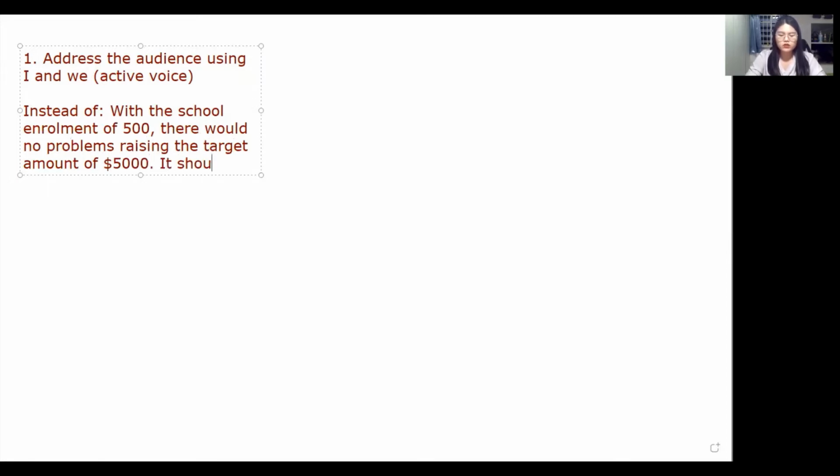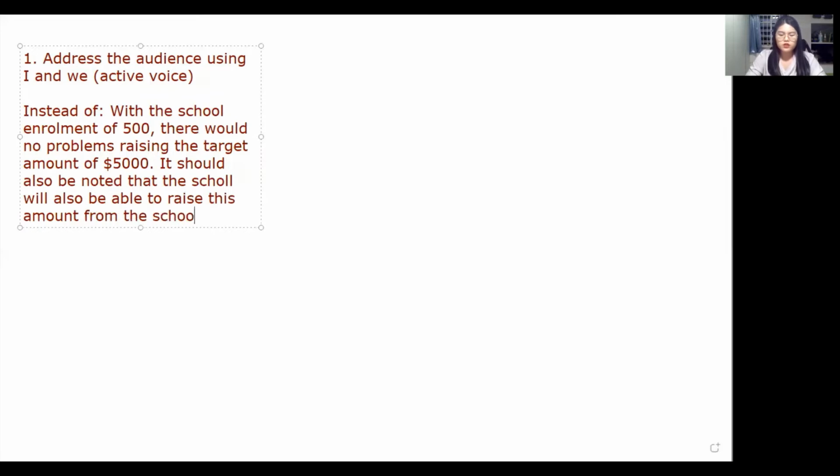It should also be noted that the school will also be able to raise this amount from the school concert by pricing the tickets at $1, right?